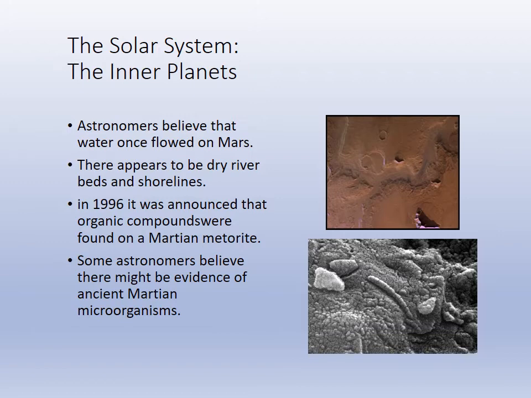Also, Martian rocks and meteors from Mars have what appears to be fossilized bacteria. I use the words appears to be because you can't prove that it is, but you can see the image below. It looks like some fossilized life. So there might have been ancient Martians, definitely not carrying ray guns.